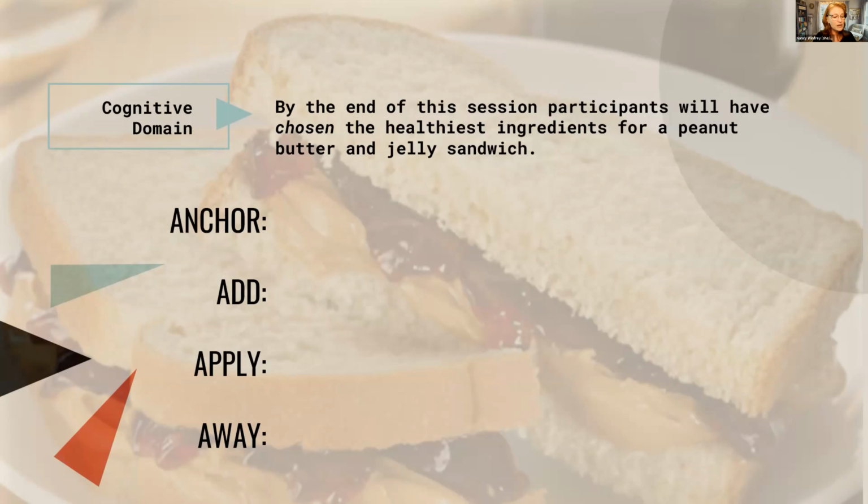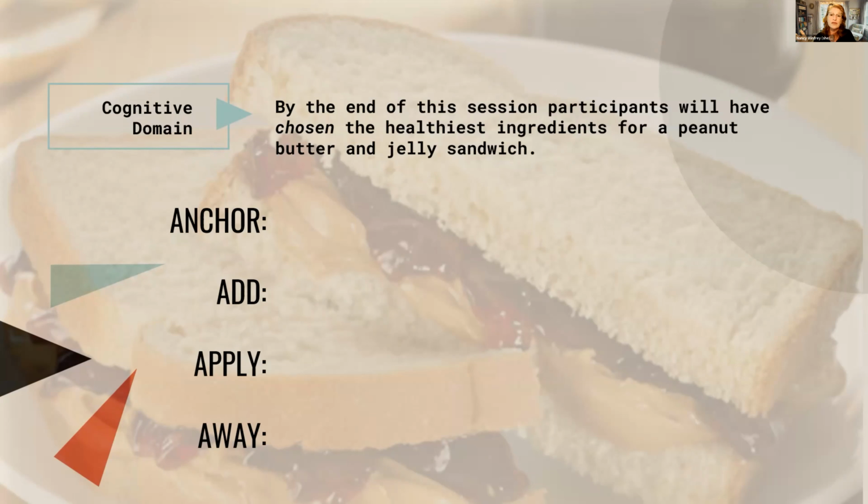So we're in the cognitive domain. We're talking about knowledge. So I'm thinking of an anchor. I might ask my students, everybody take a minute and go back in your mind to your childhood peanut butter and jelly sandwiches. What were the ingredients and when did you eat them? Or what did you like about them? Or what did you not like about them?